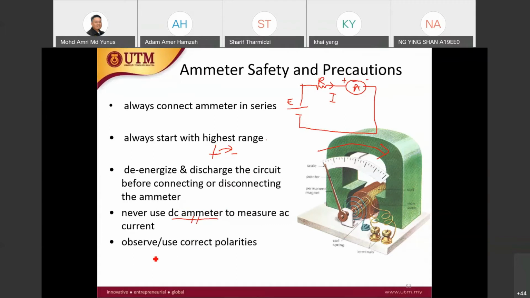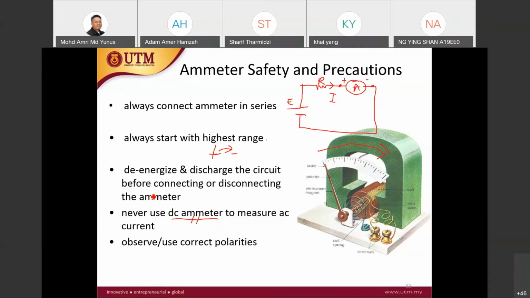And also observe the polarity. You need to know the direction of the current, and then the positive will face the current direction, then negative to the ground.